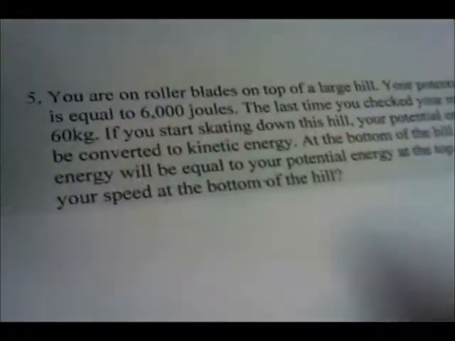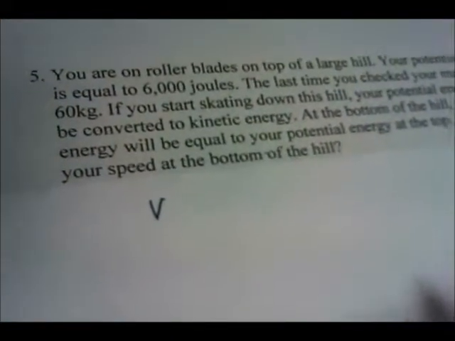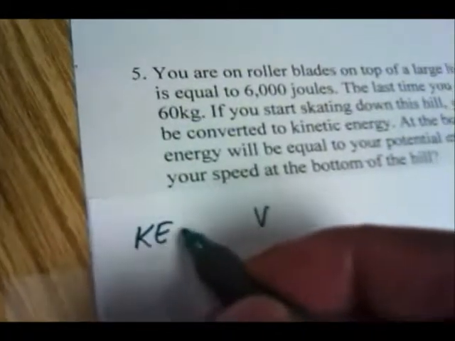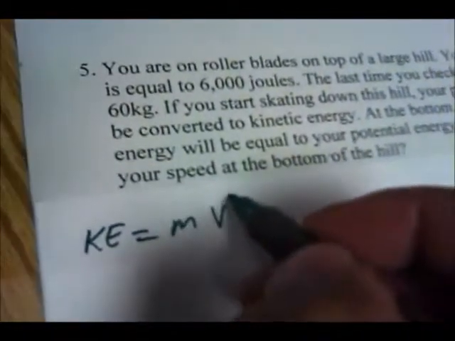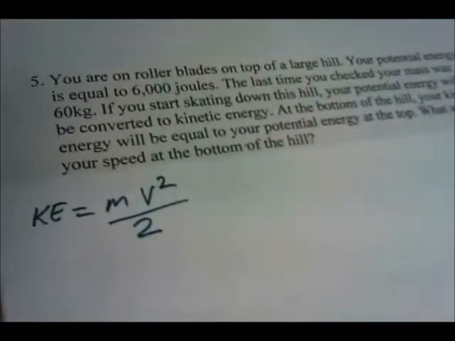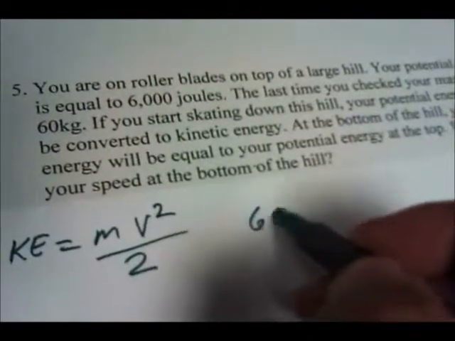In this equation, they're asking you for speed. The equation that has speed in it is KE equals mv squared divided by 2. To use this equation, you have to know the joules, which in this case is 6,000.